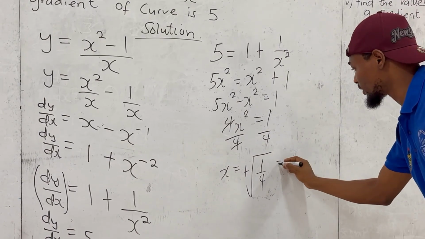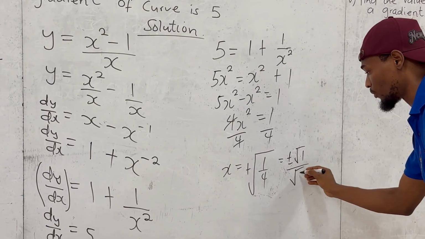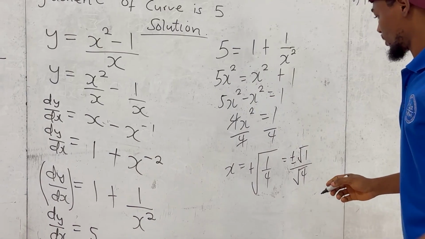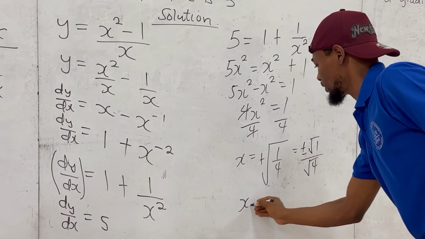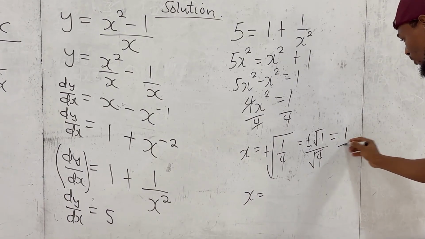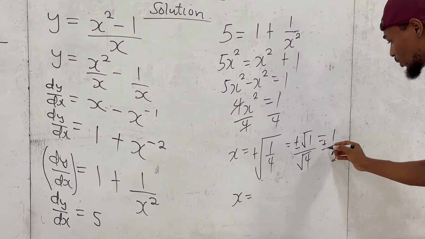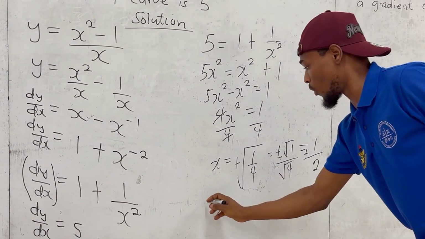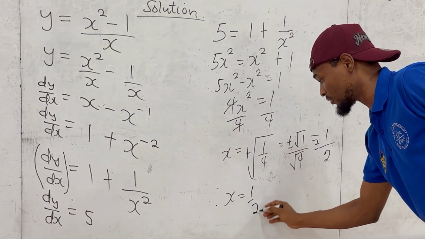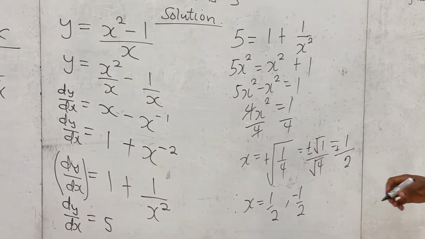This is the same as plus or minus the square root of 1 over the square root of 4. Our final answer becomes x is equal to 1 over the square root of 4, which is 2. So you have plus or minus 2. Therefore, x is equal to positive half and negative half.